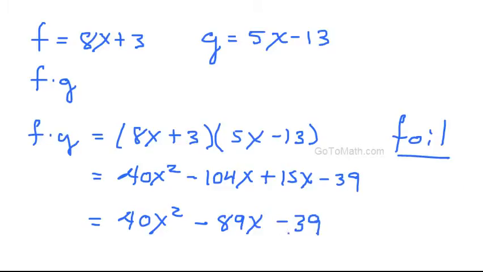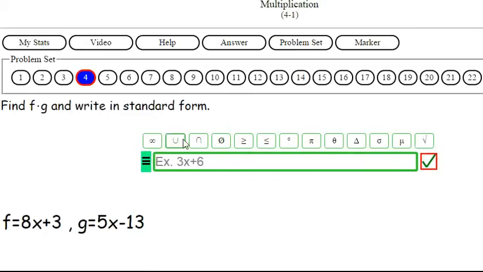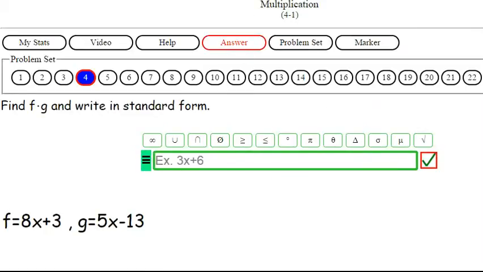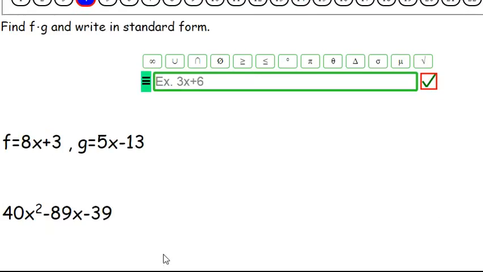So like I said, in a section coming up where we factor, we'll be going back in the opposite direction where we're given this and we want to find this here, right? So anyway, what do we got? 40x squared minus 89x minus 39. Can we all remember that? 40x squared minus 89x minus 39.